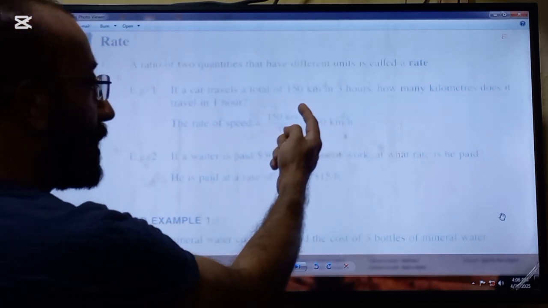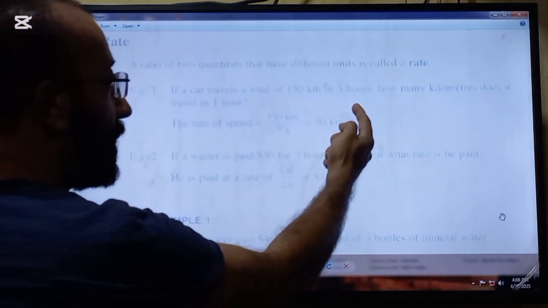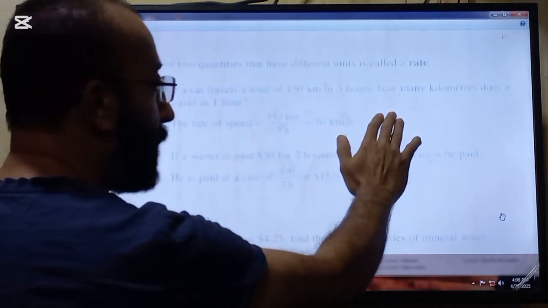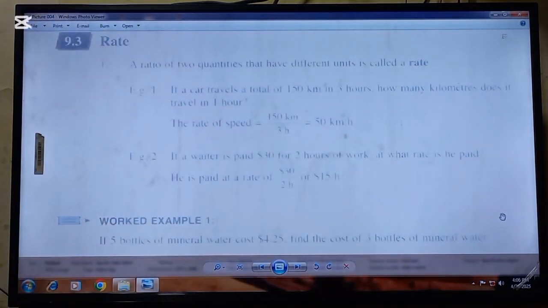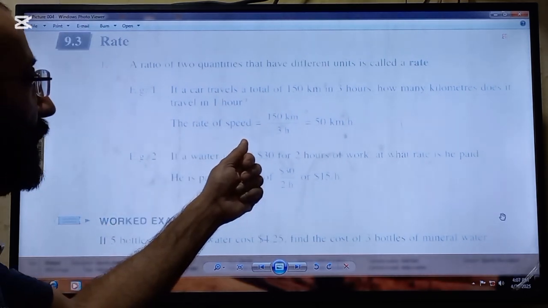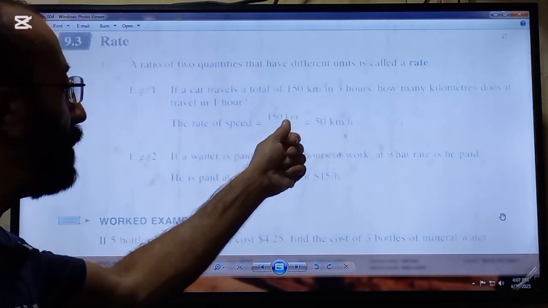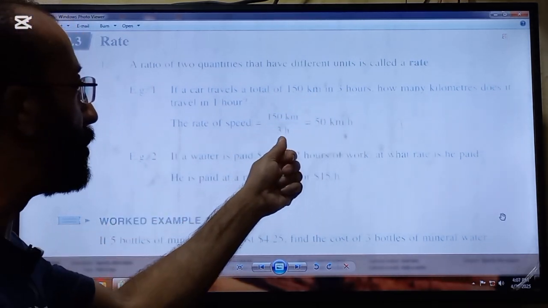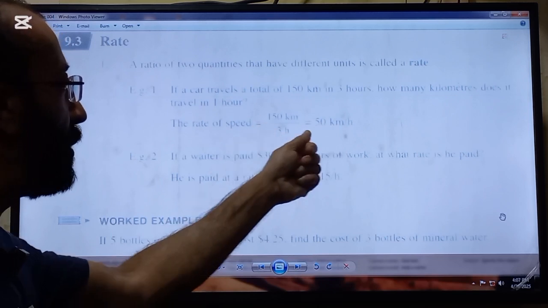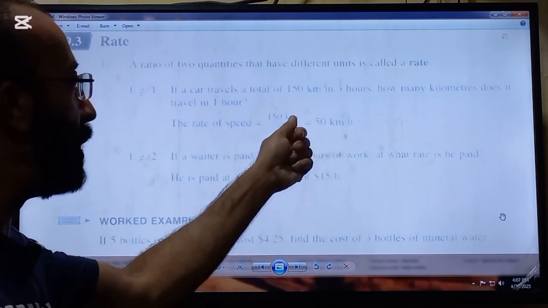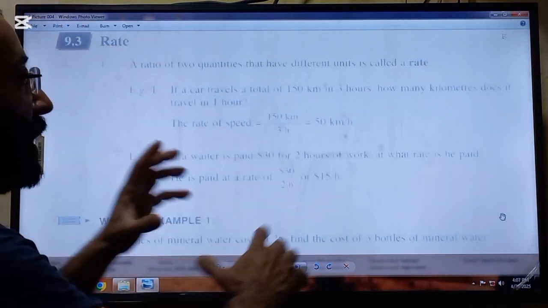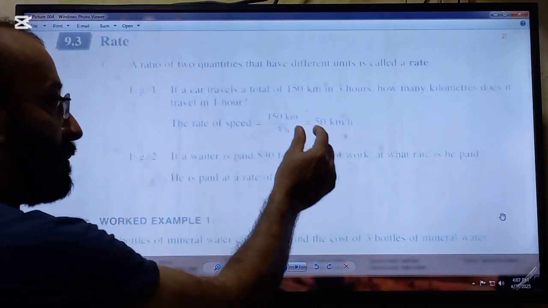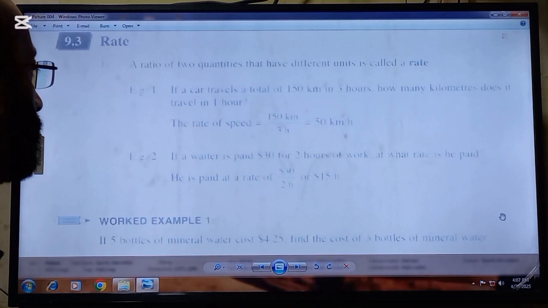So look here, one unit is kilometers, second unit is hours. So the requirement is how many kilometers does it travel in 1 hour? So the rate of the speed is 150 kilometer will be put in numerator, 3 hours will be put in denominator. After cancellation we will get 50, unit will be kilometer per hour. So this is the rate at which the car will move, that is 50 kilometer per hour.